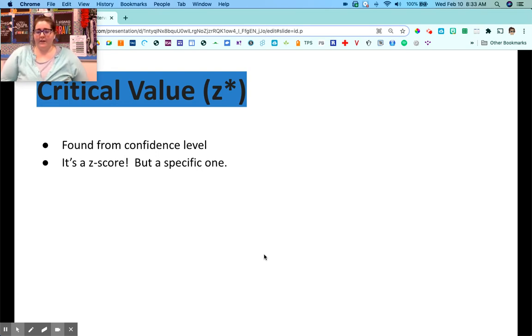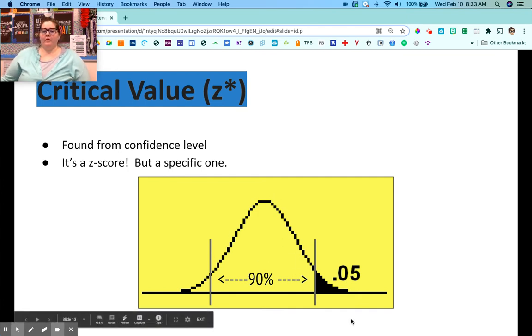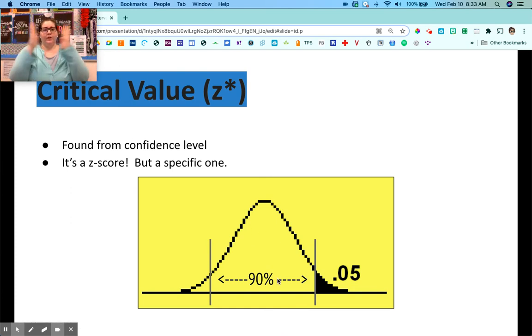All right, let's talk a little bit about that critical value. That's the confidence level number that determines how wide or narrow our interval is going to be. It is a z-score because it is called z-star, but it's a specific z-score. So thinking about if I have a normal model, when I say that I'm whatever percent confident, what I'm doing is I'm saying that I want my normal model to include 90% of the values.